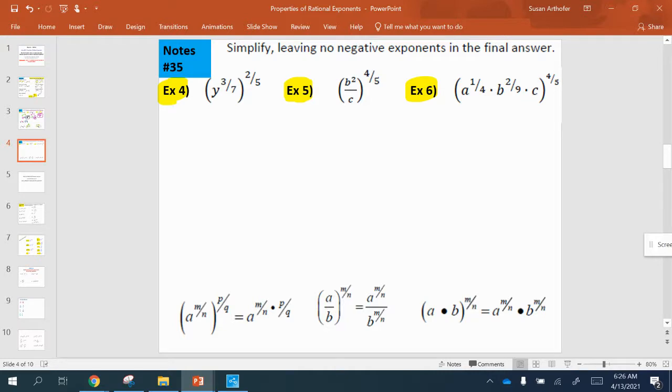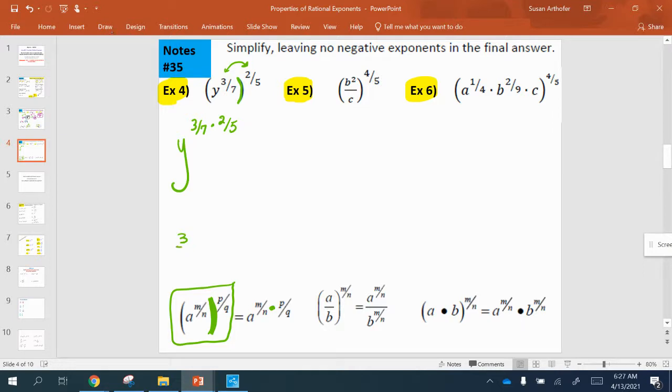Okay, so on the next problem, the rule is right here that we're going to use. And remember, what do you do when you have a parenthesis in between the exponents? Then you multiply the exponents. So this little parenthesis should indicate that you're multiplying the exponents. So this will become y to the 3/7 times 2/5.